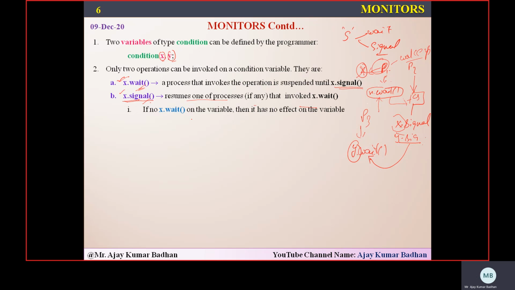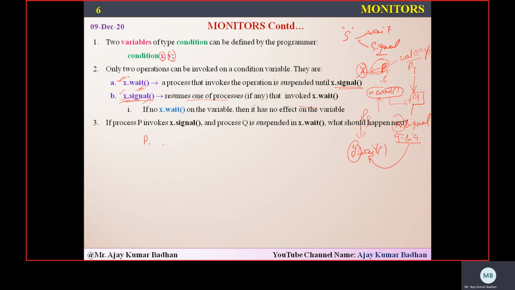But there is a small thing I wanted to clarify here. If no process is suspended whenever the x dot signal operation is executed, and there is no process waiting in a suspended mode, then this signal operation will not have any effect.